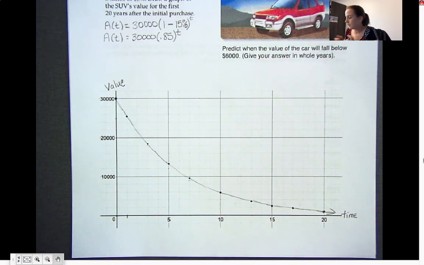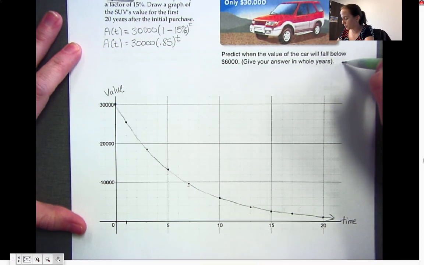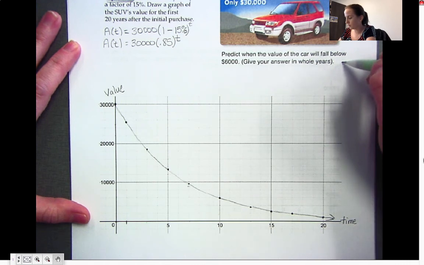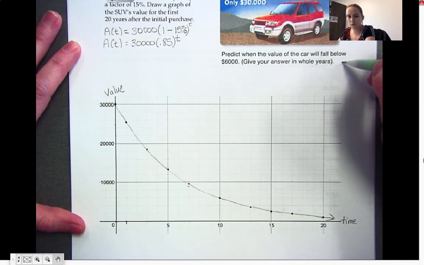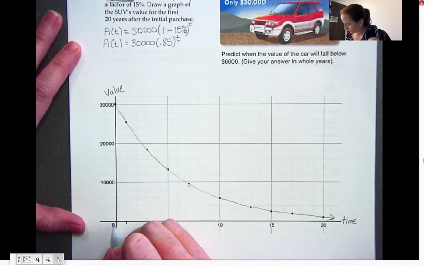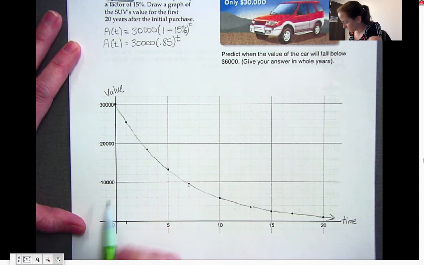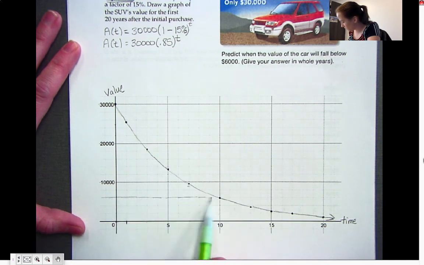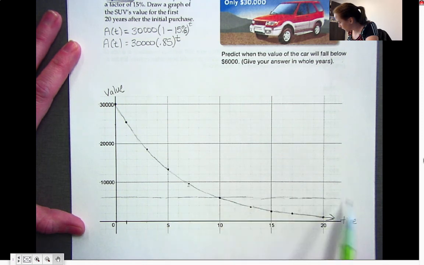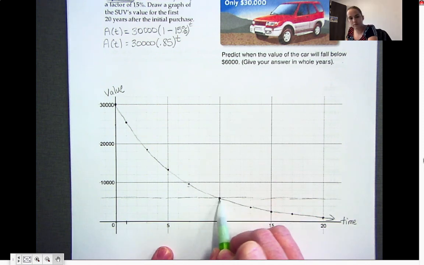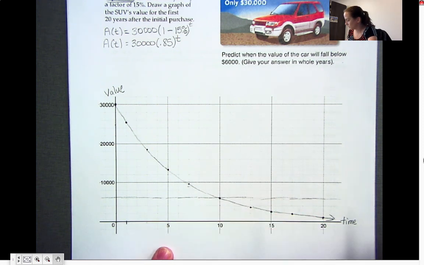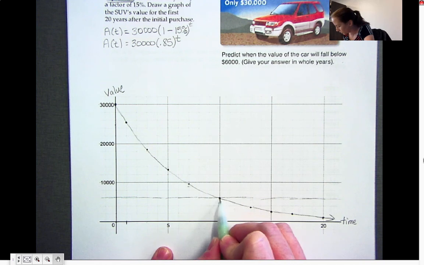Now you've graphed it. Now, this asks you to predict when the value of the car will fall below $6,000. And it says give your answer in a whole number of years. Well, $6,000, 2, 4, 6, that would be where my graph crosses this line right here. And remember, this point was like 59, and if you don't remember, you could look back on there, but that would be the point that you're looking at.